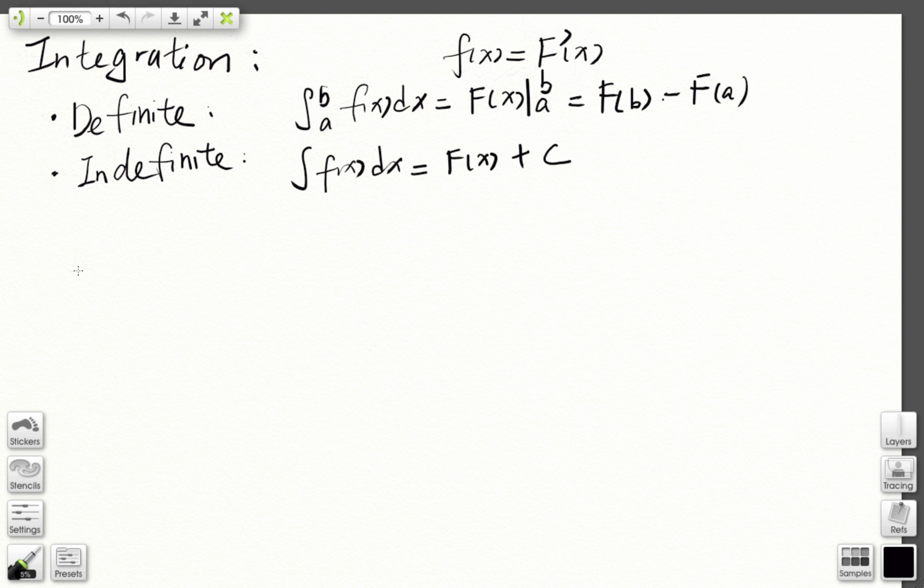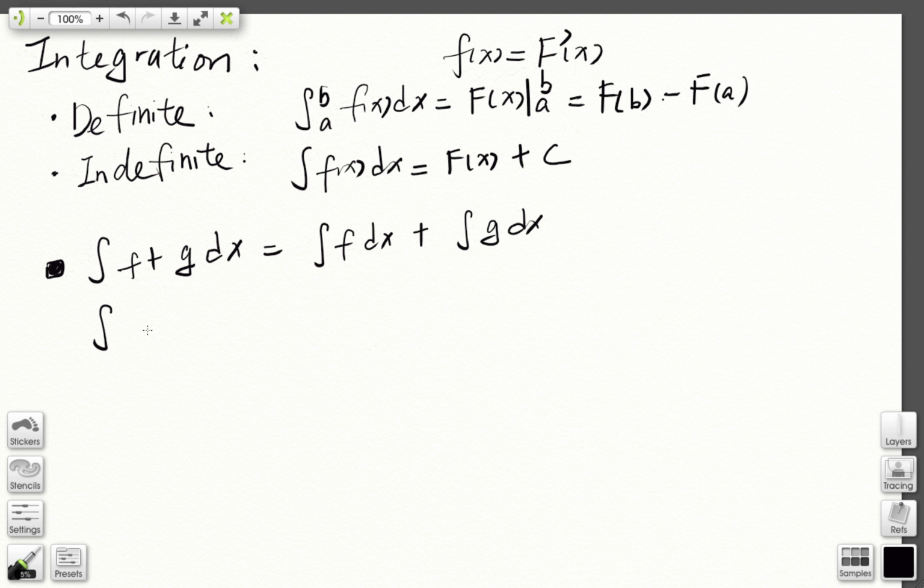And there are some basic techniques that we can use to compute an integral. The first one is two identities. The integral of f plus g dx equals the integral of f dx plus the integral of g dx.